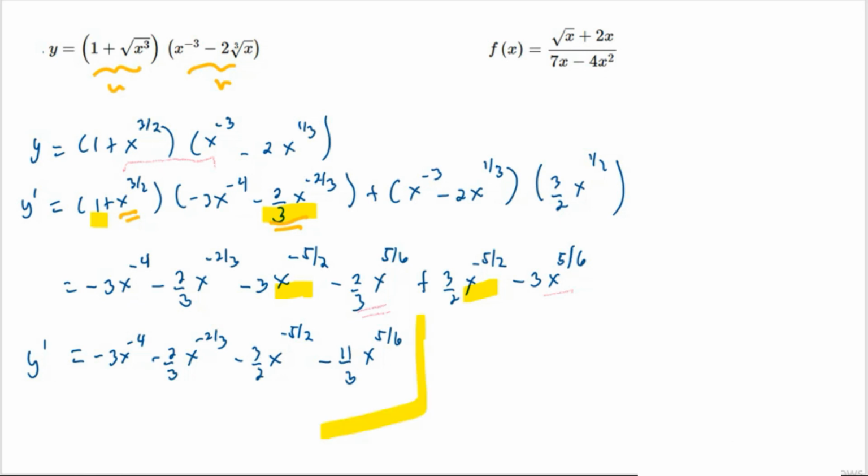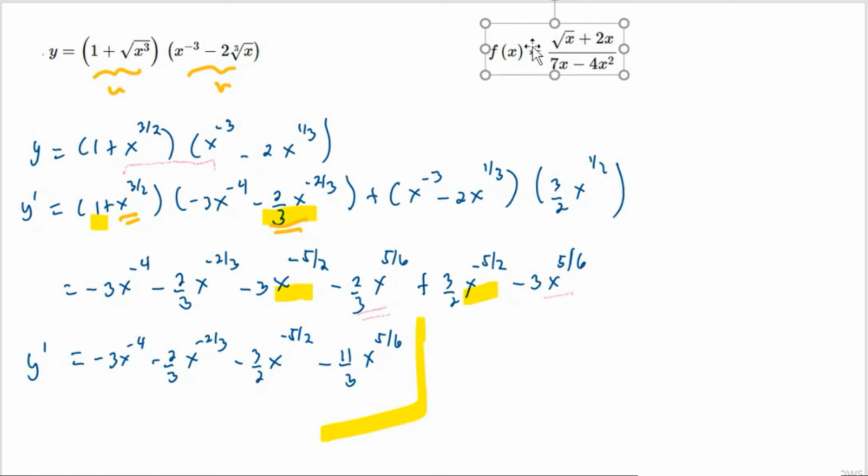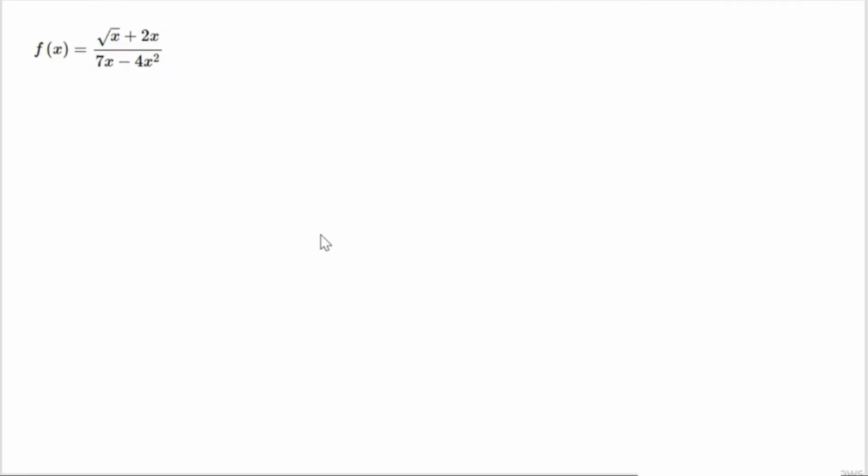So for the last number, we have f of x. I will just copy this one on the next slide. So for the last number of my example, we have f of x equals the square root of x plus 2x all over 7x minus 4x squared.